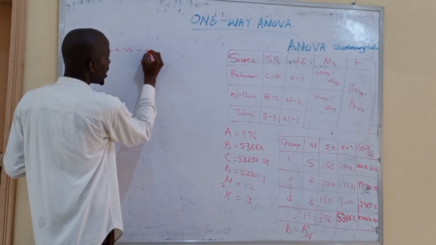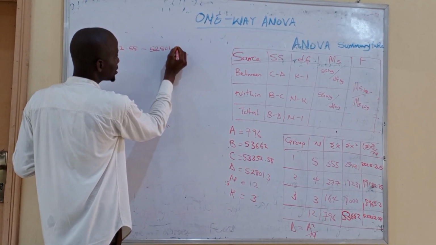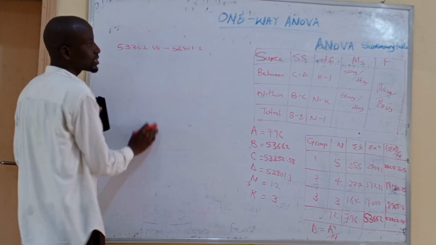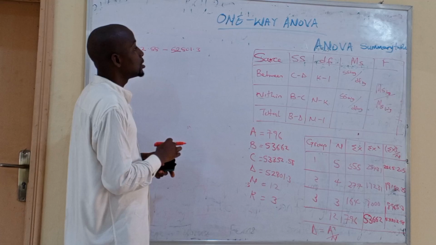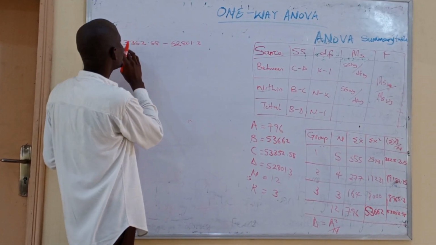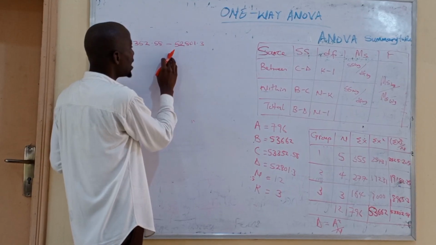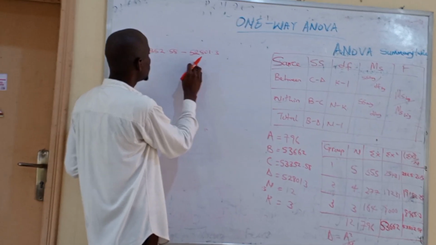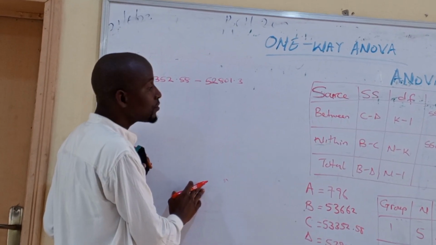Our D says 52801.3. So this minus this will give us what? 53352.58 minus 52801.3. That will give us what?